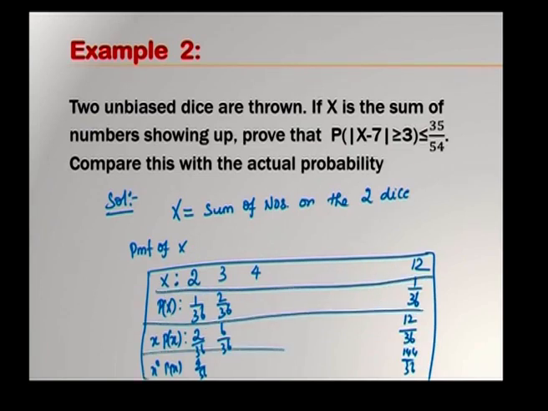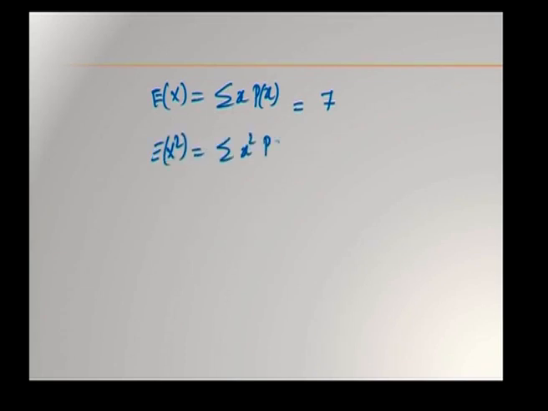Okay. So, we will use the values. Using the values, now what is the expectation of x? Expectation of x is summation x into p of x, which is equal to 7. Expectation of x square is equal to summation x square into p of x, which is equal to 1974 by 36, equal to 329 by 6.